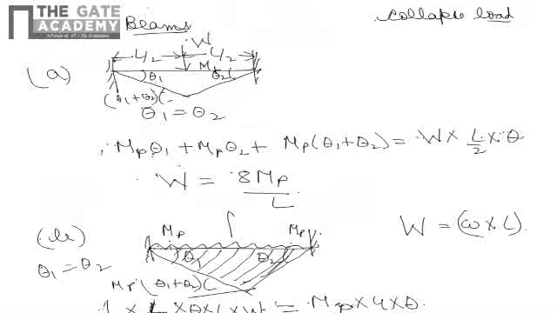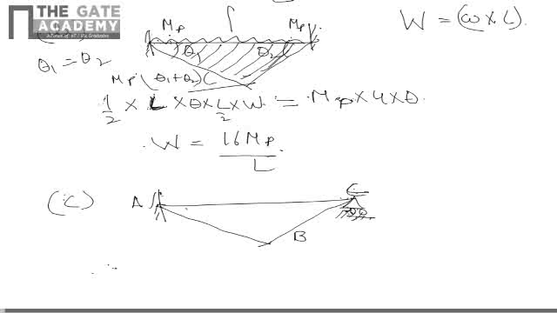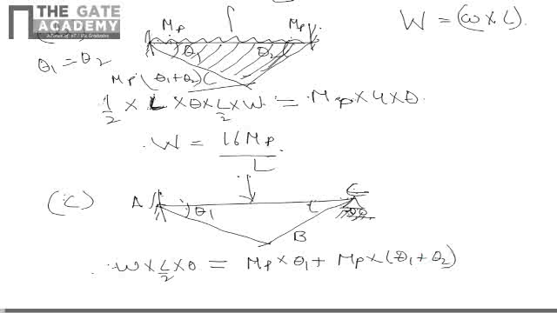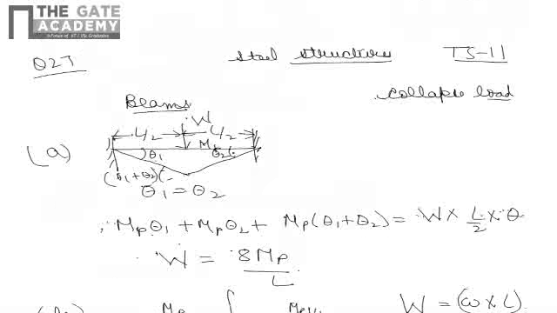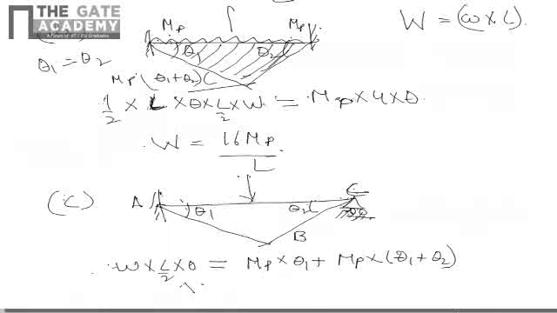So the external work reduces to W into L by 2 into theta, same as the concentrated load, but it will be equal to MP multiplied by theta 1 plus MP multiplied by theta 1 plus theta 2 at point B, and no third term corresponding to point C will come, because as I already mentioned, no moment is generated, which upon simplification yields W to be 6 MP upon L.